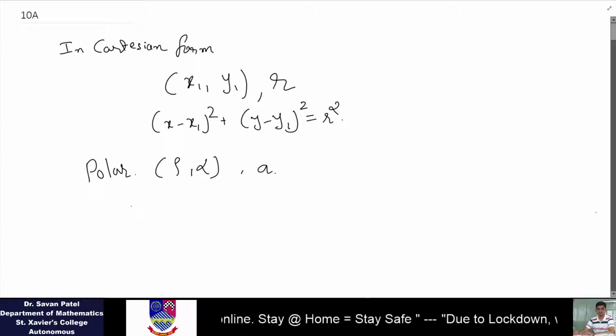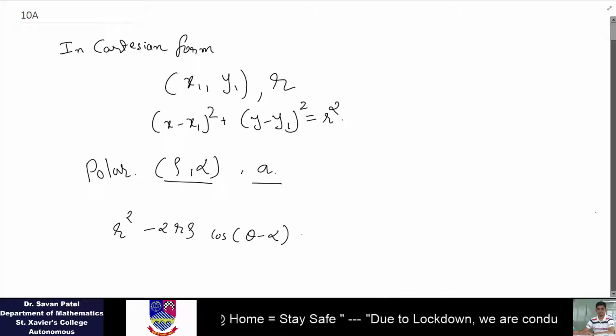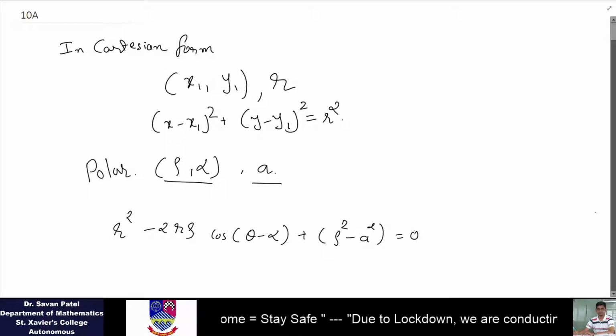Then the general equation of the circle having center (rho, alpha) and radius a is r square minus 2r rho cos(theta minus alpha) plus rho square minus a square is equal to 0. That you know from the theory portion.